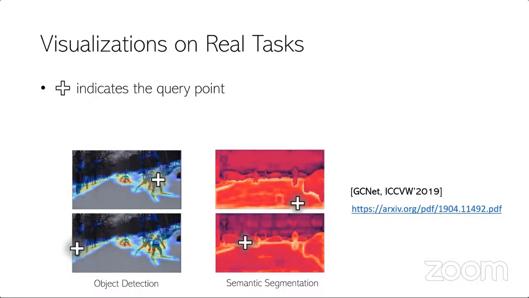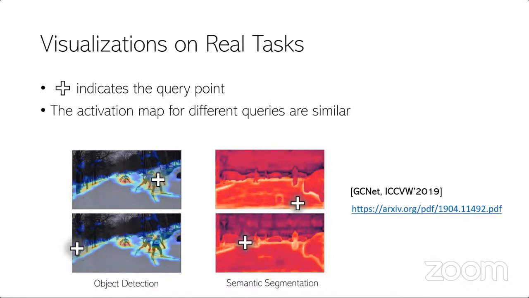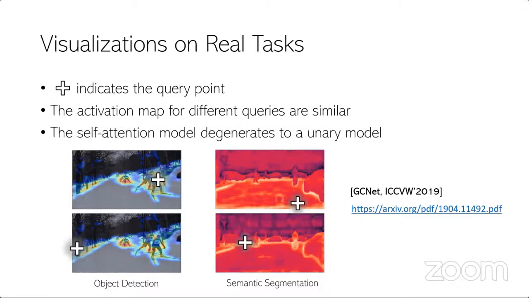These images are the attention maps of all key pixels to different query points, where the query points are marked by the white crosses. For the attention maps, the warmer the color is, the higher the attention similarity is. We can see that the attention maps of different query points are very similar, especially for object detection. This also indicates that the self-attention model degenerates to a unary model.